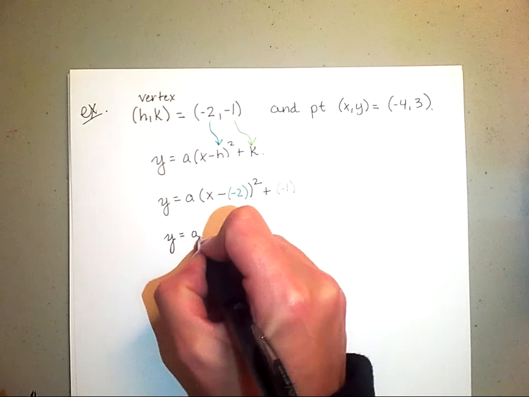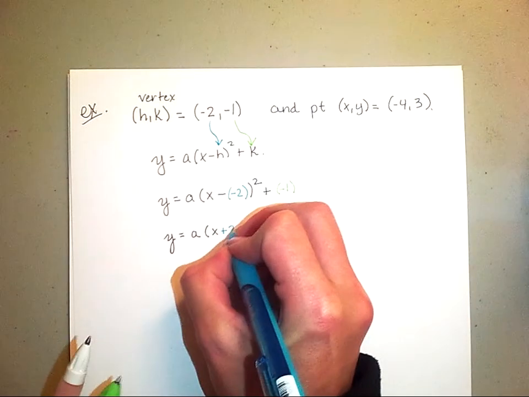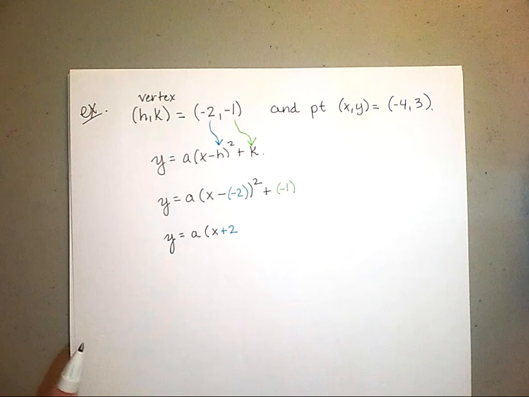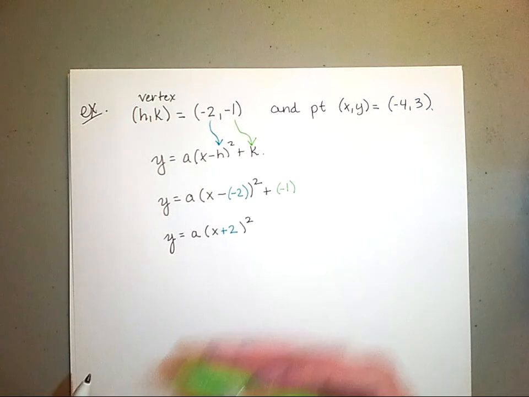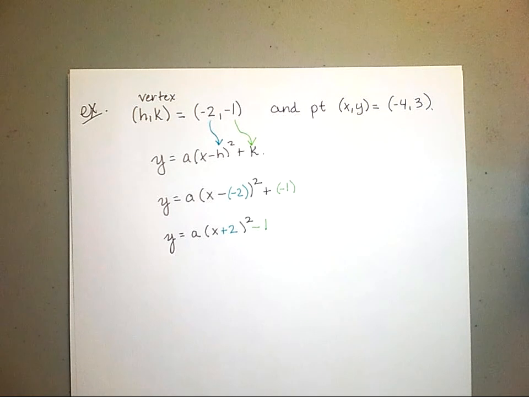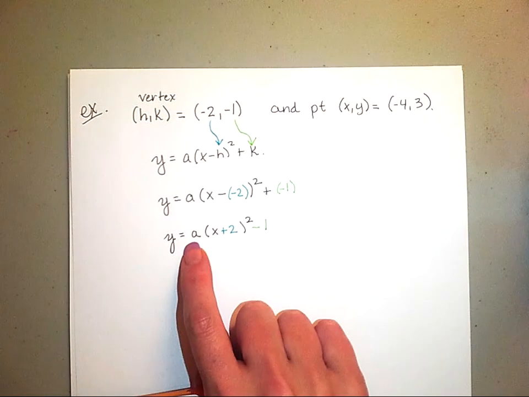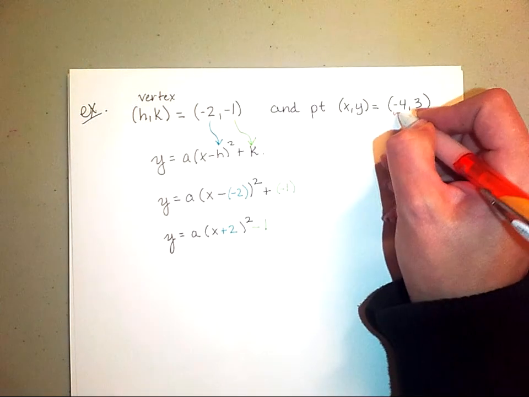Y is equal to a times x. Now subtracting a negative is plus 2, that quantity squared, and adding a negative is just subtracting. Okay. Good.